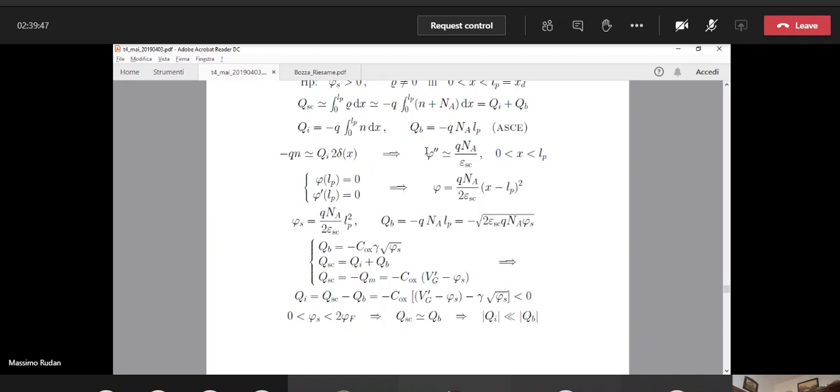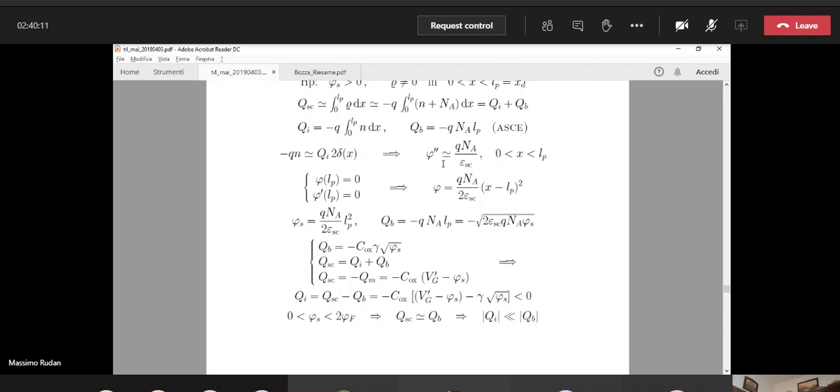So by continuity, we may state that at LP, the potential is 0 because we have set the 0 there. And the field is also 0 because the region beyond LP is equipotential.